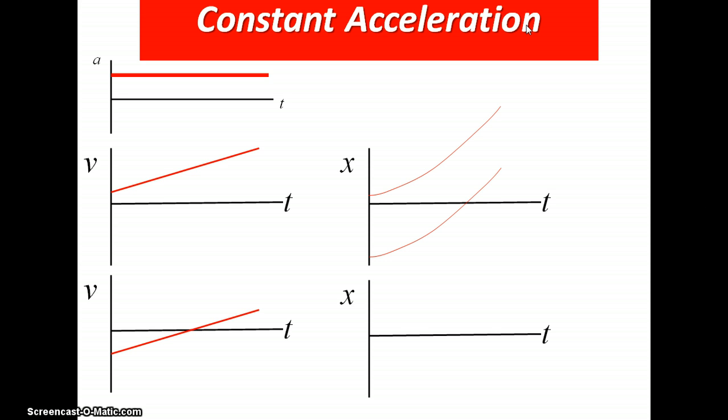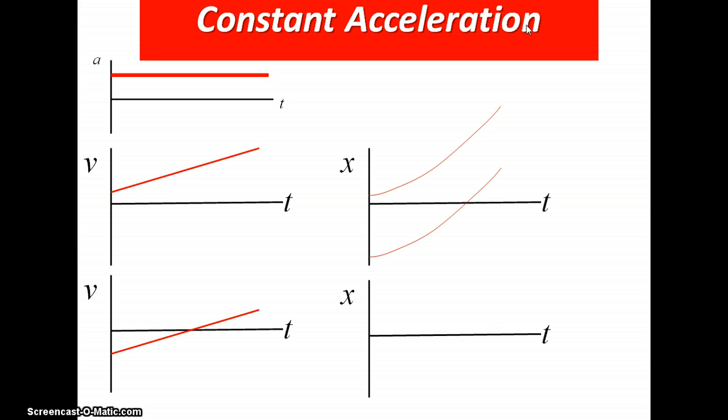Here's another constant positive acceleration. In this case, the velocity starts off negative, increases to zero, and increases to positive values. Positive constant acceleration. What does the position versus time graph look like here?